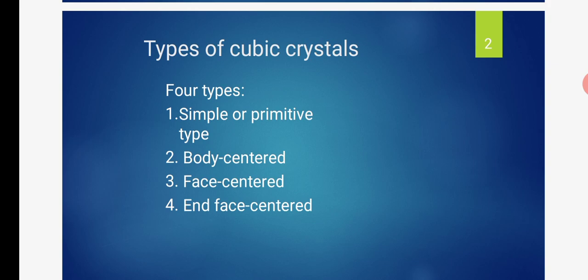There are mainly four types: simple or primitive type, body centered, face centered, and end face centered, or it is also called end centered cubic crystals. These four types mainly depend upon the atoms or spheres or molecules occupying positions in the cube.